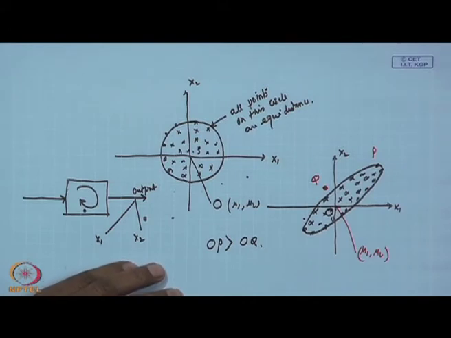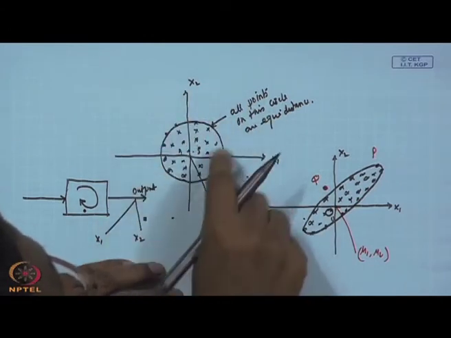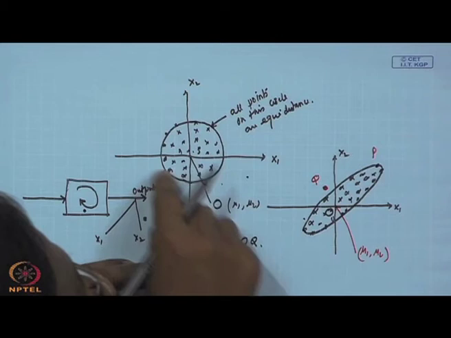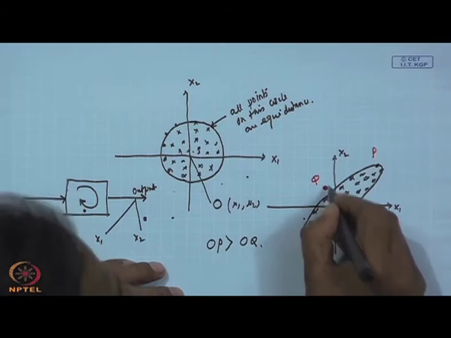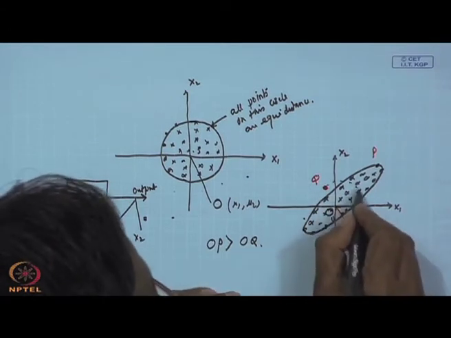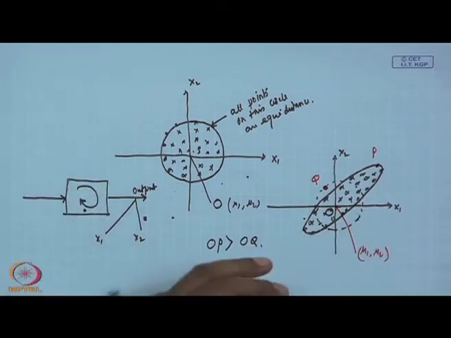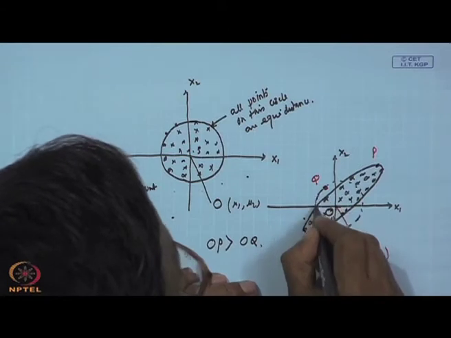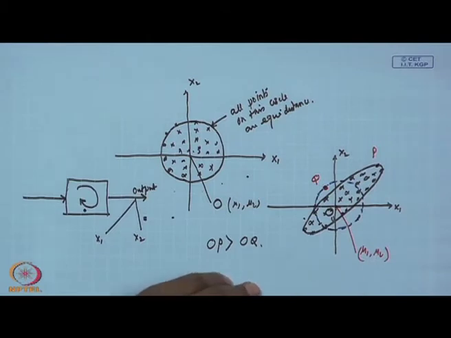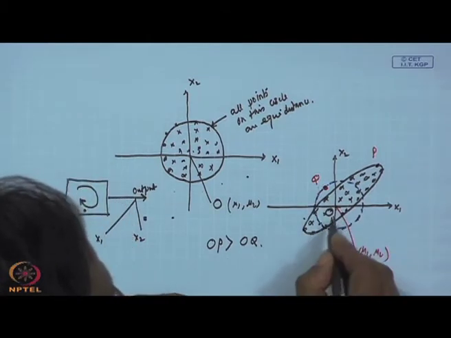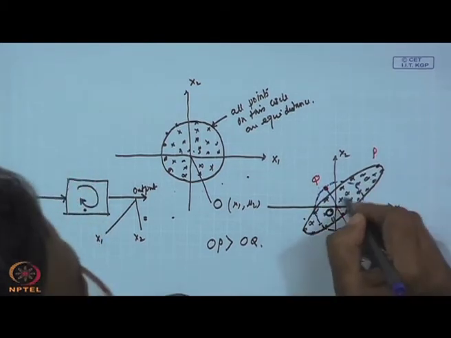If I want the Euclidean distance with respect to Q, OQ, you get a circle like this. Definitely OQ is less than OP.